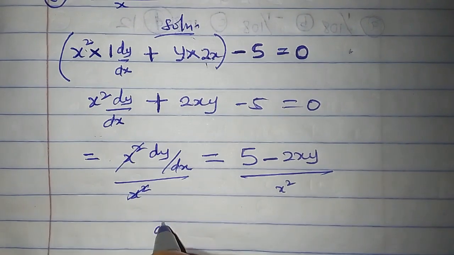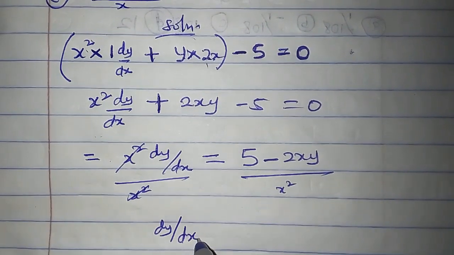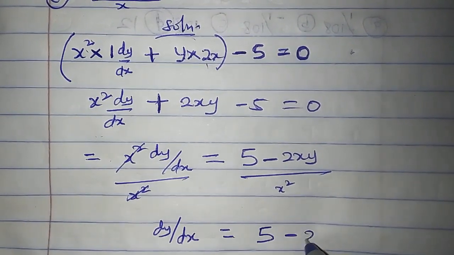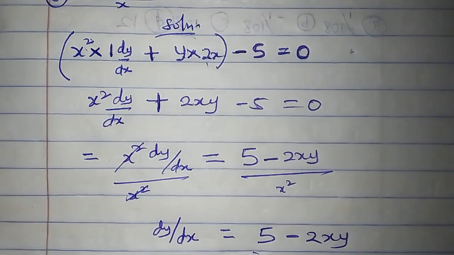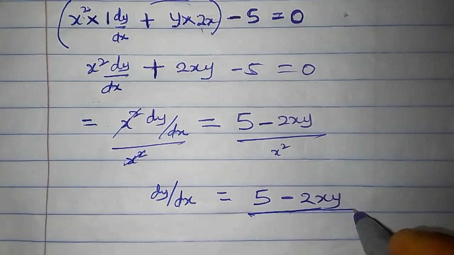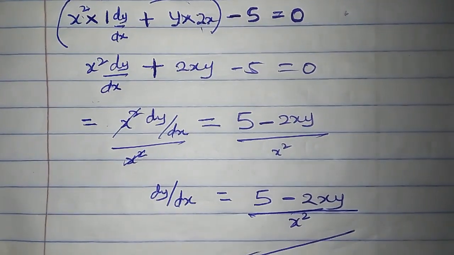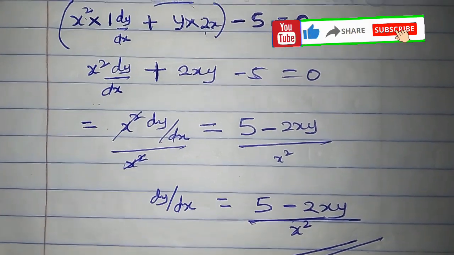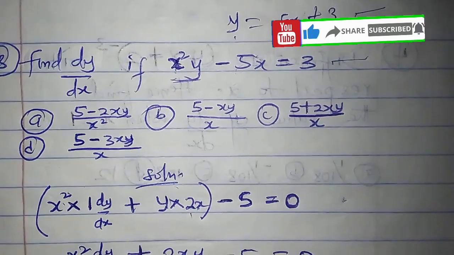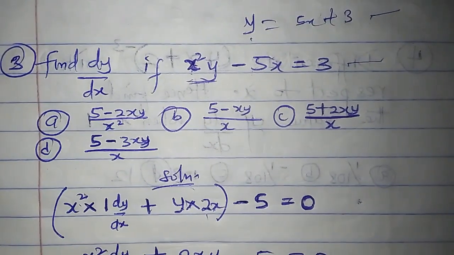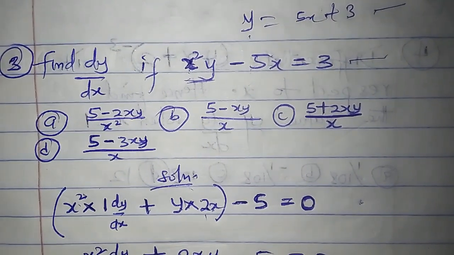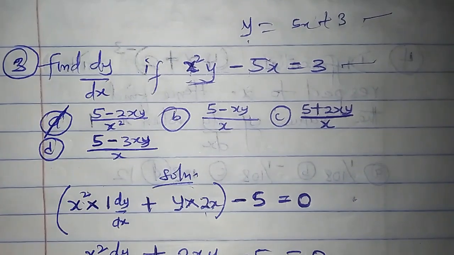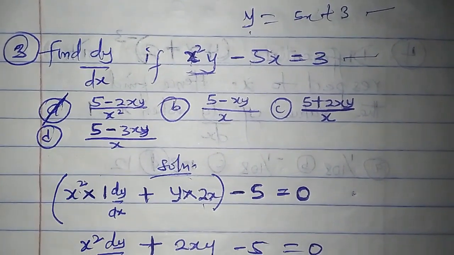We now have dy dx is equal to 5 minus 2xy all over what? x squared. So this is the derivative of y with respect to x. And this option we can see in option A: 5 minus 2xy over x squared. Option A gives us the correct answer.